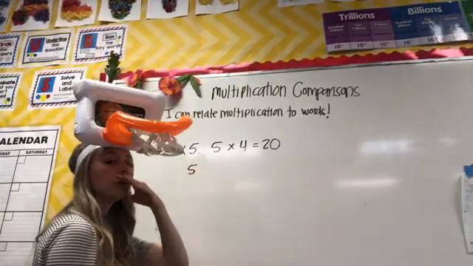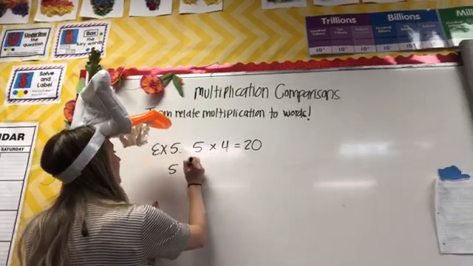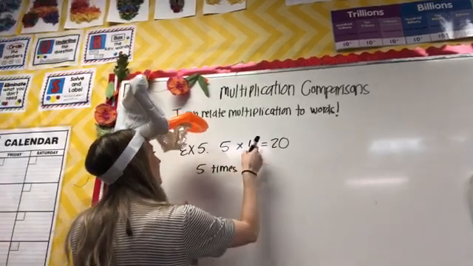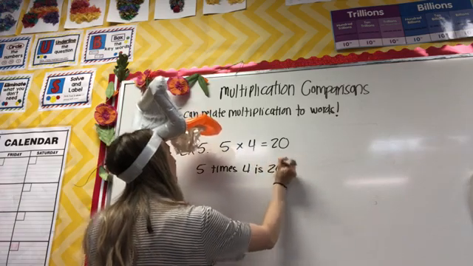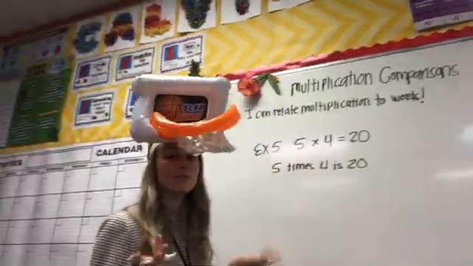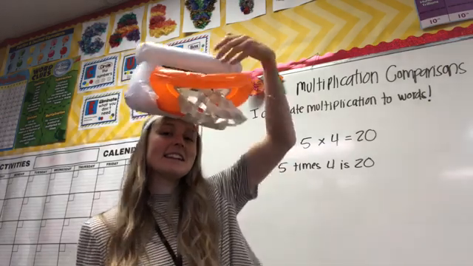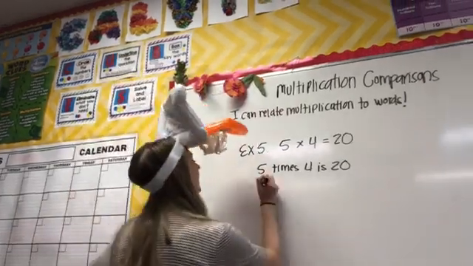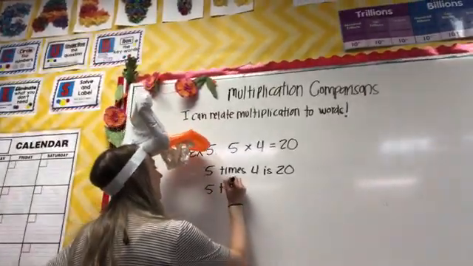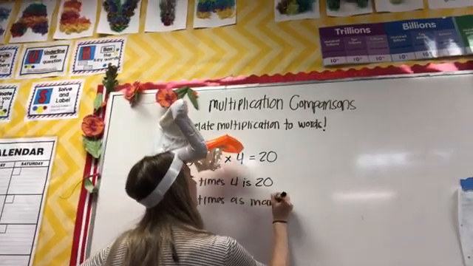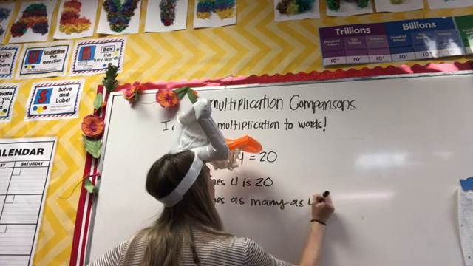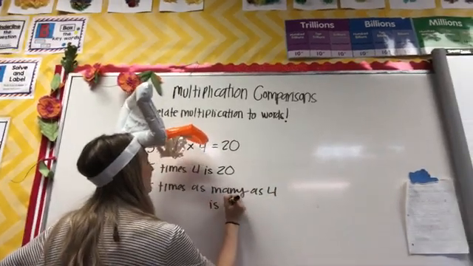We could do the simple way, times 4 equals is 20. Easy. Remember, if we want to do it the slam dunk method, we would say 5 times as many as 4 is 20.